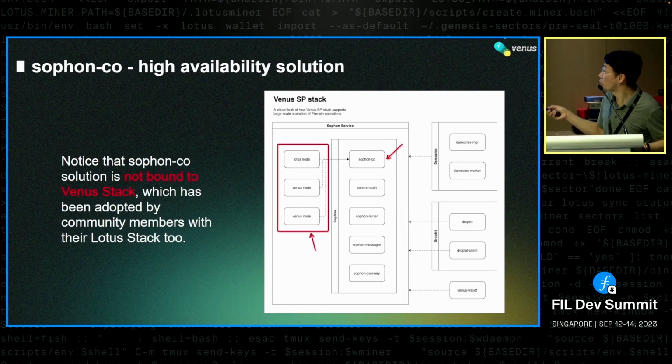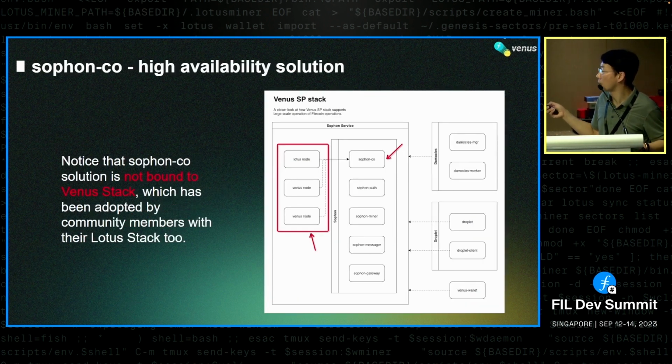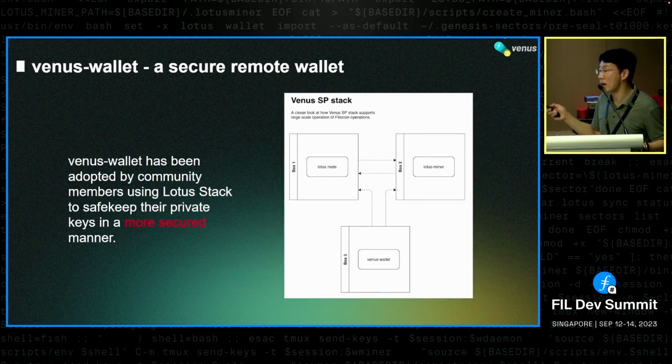So with these two components, the Solfan core and VLAS wallet, I think many SPs are already using this. Not only the VLAS users, actually many SPs are using Lotus. I guess for this one, perhaps about 30% of the whole network are using Solfan core, and for the wallet, perhaps more than half of SPs are using this.